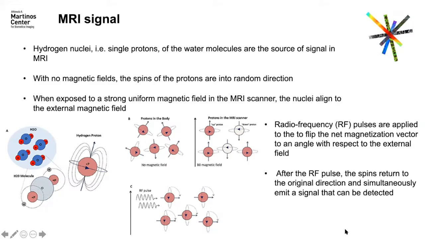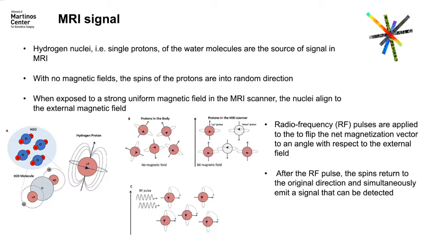What happens next in figure C is that we give a radio frequency pulse to the brain tissue, and that causes the net magnetization vector to flip with respect to the external magnetic field, that you can see in C, where the direction of these nuclei are now horizontal.